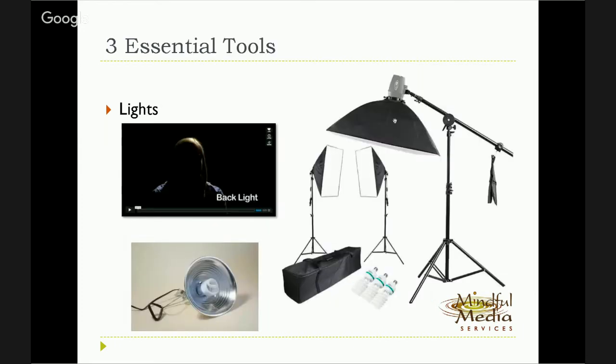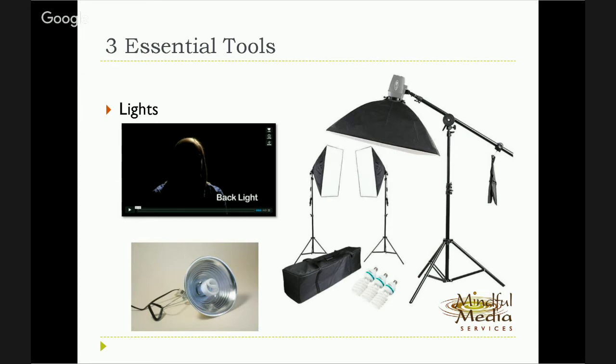I have a professional light kit over on the side here with 3 lamps and a little carrying case. And that you can spend probably about $130 or $140 on if you go on Amazon and look around. There are other kits that are significantly more expensive, real high-end professional ones, but these do a very nice job.